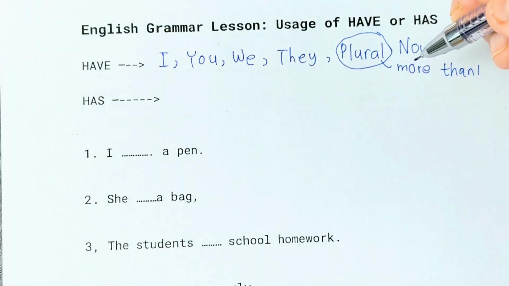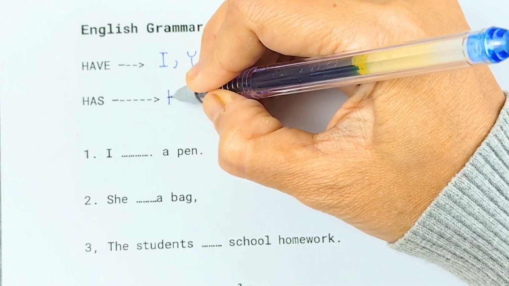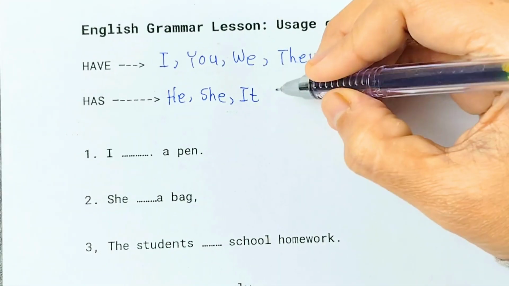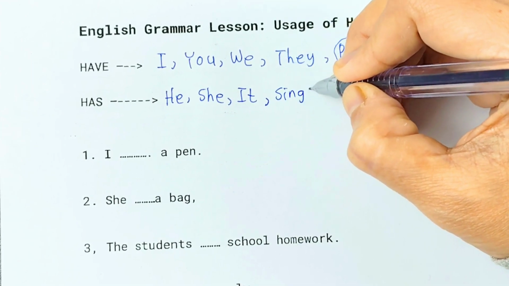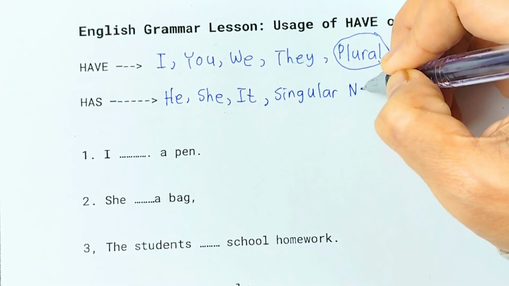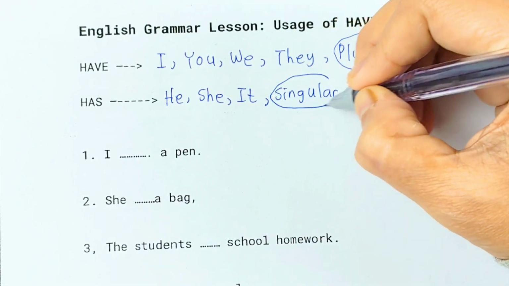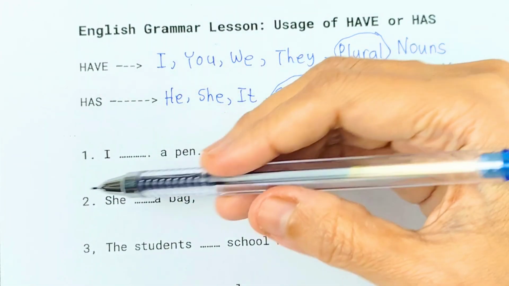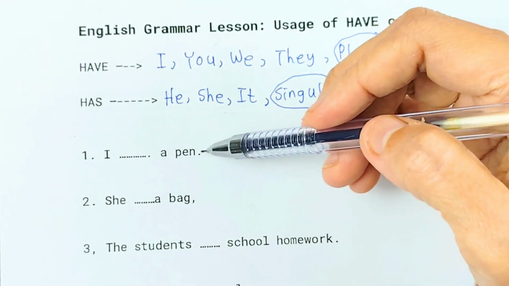We use has for subjects like he, she, it, and then singular noun. Singular means only one.